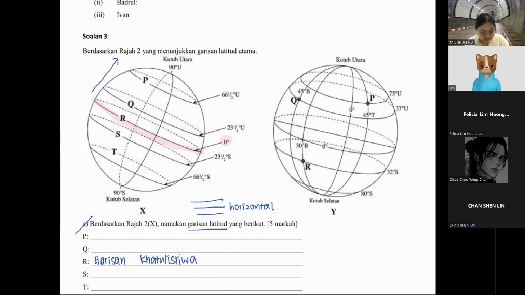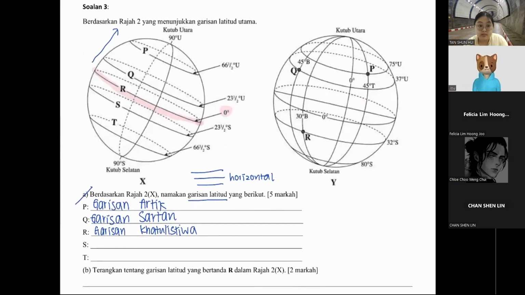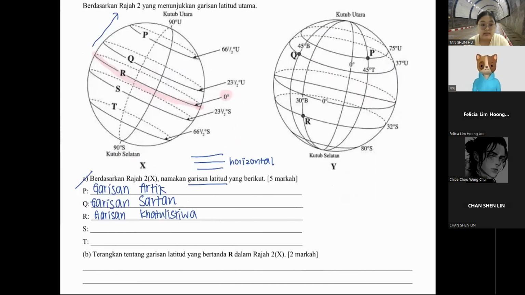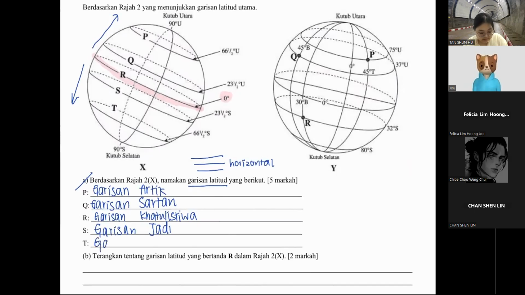Yes, P is Arctic. Arctic means North Pole. If you come down, at 23 and 1/2 degrees, we call it Garisan Jadi. Then if you go down, you have Garisan Jadi. Q is Satan, S is Jadi. And the last is Antarctic.